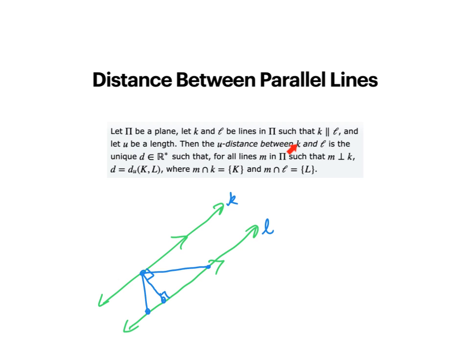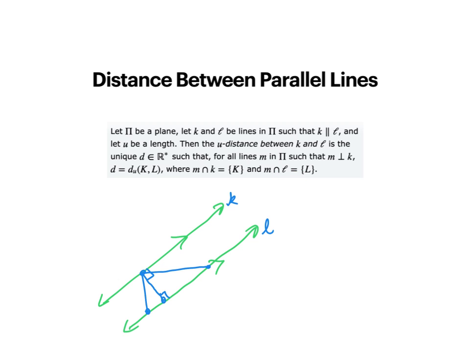Then the U distance between K and L is the unique distance, which is an element of non-negative real numbers, such that for all lines M in pi, such that M is perpendicular to K, D is equal to the distance between K and L, where the intersection of M and K is equal to K, and the intersection of M and L is equal to L.